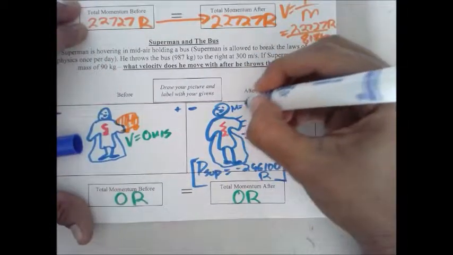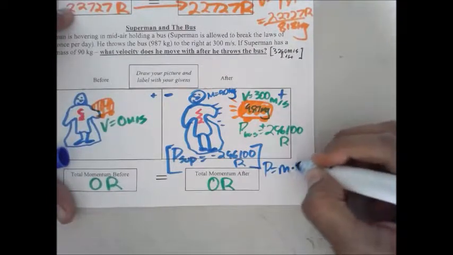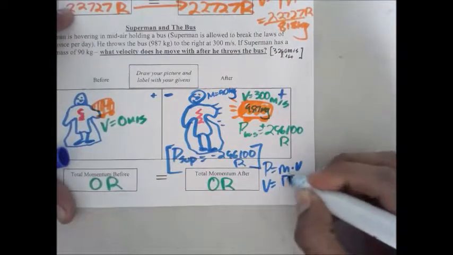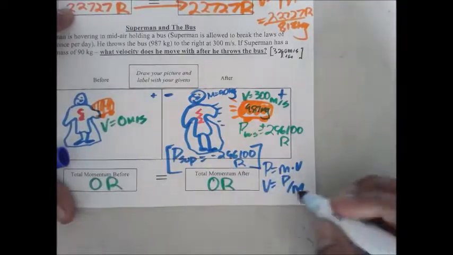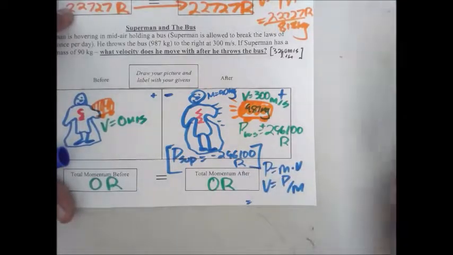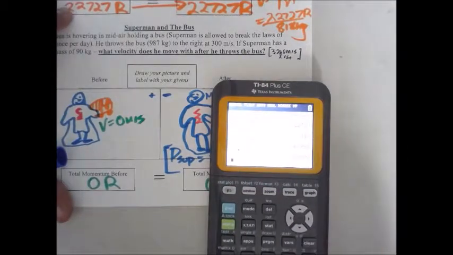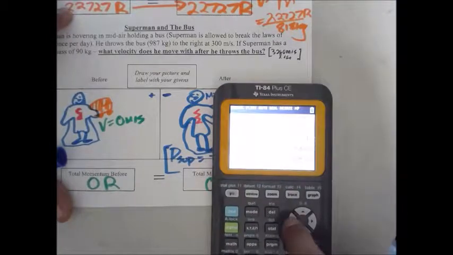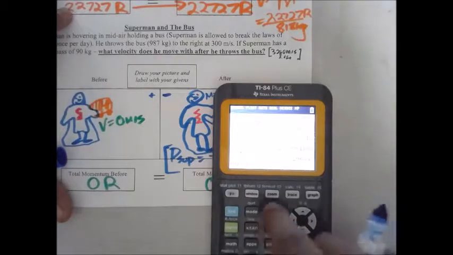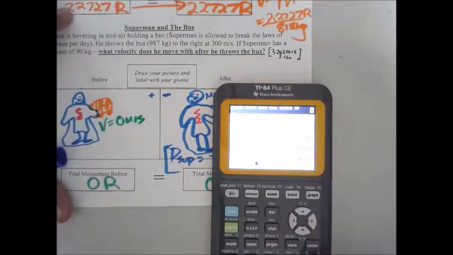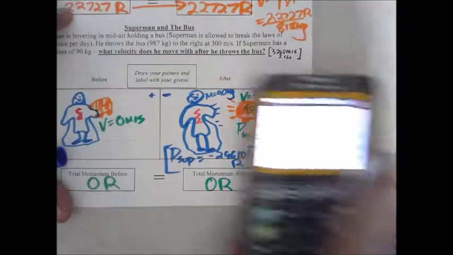Now that means that if we have the momentum of Superman, we have his mass right up here, it's 90 kilograms, we can find his velocity, because P is equal to M times V, so V is equal to P divided by M. We have the P, I'm going to plug this in my calculator, and we're going to divide it by the M. So the P is negative 296,100, and the M is going to be 90 kilograms.